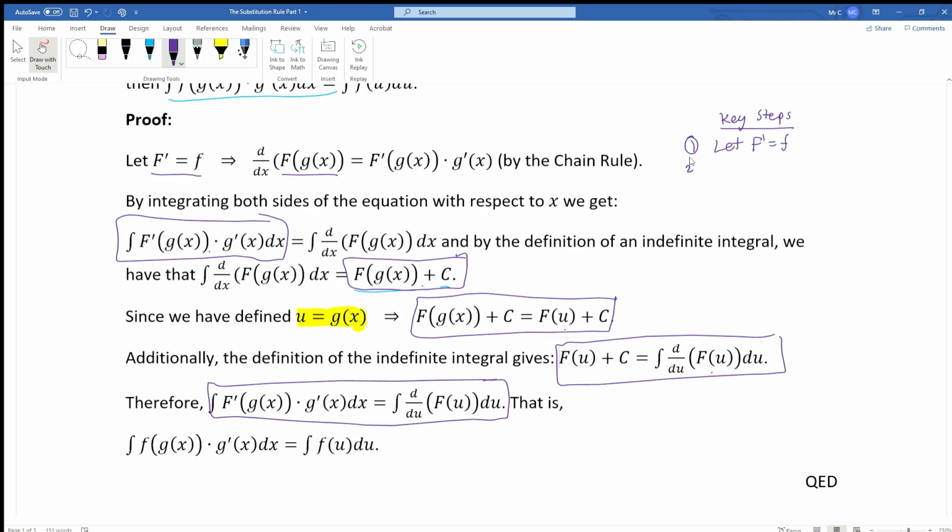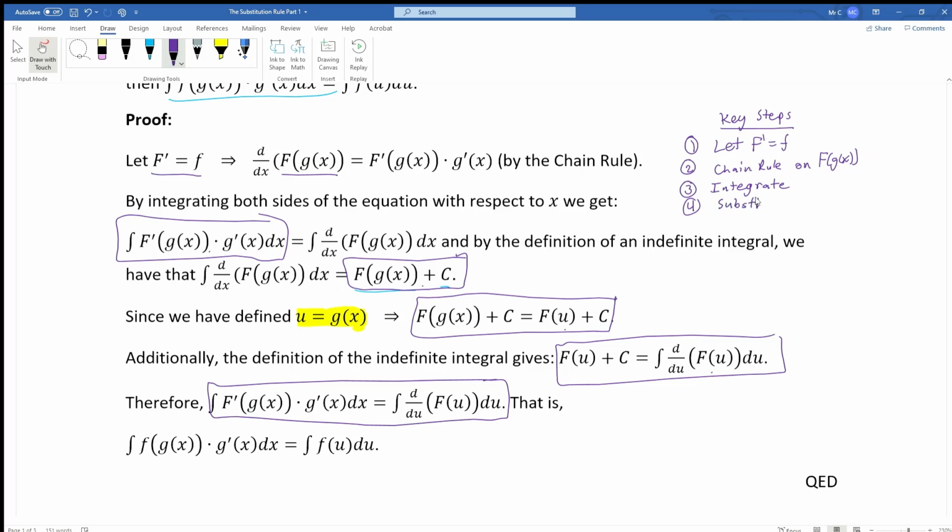And then apply the chain rule on cap F of g of x. Integrate. All right, so we applied the chain rule, then we integrated both sides.